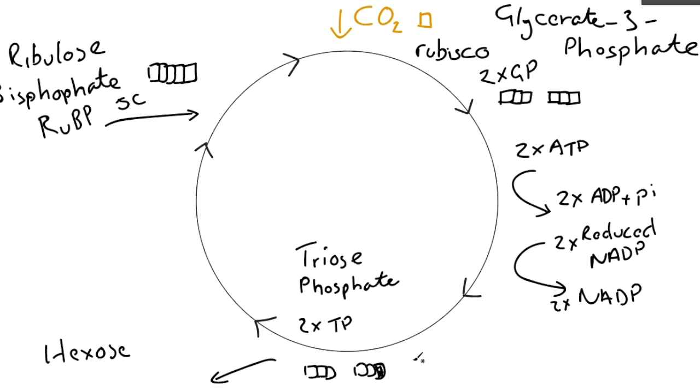So actually what's happened is we've dropped one carbon off. Another ATP comes in, but only one, which will make sure that we end up with ADP plus P. And then we're back with the ribulose bisphosphate. But it's only dropped one carbon off.